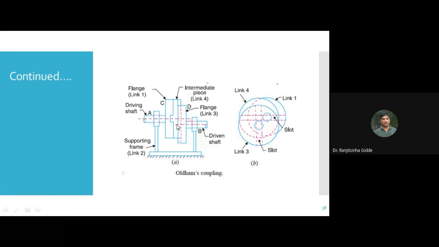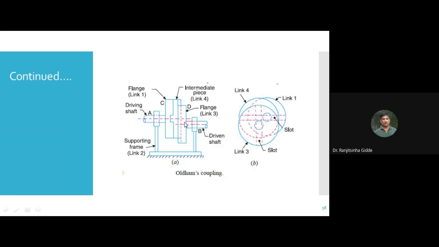How to compensate this difference? By providing Oldham's coupling. So check once again. Link 1, the flange on the left hand side, which is mounted on the driving shaft. Link 2, that is the supporting frame.